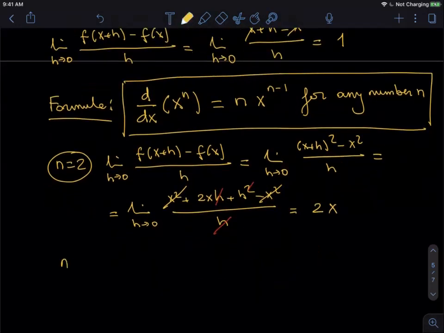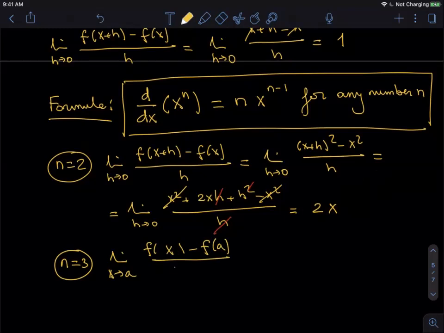Let's try also n equals 3. Let's write down the definition. Let me change in this case. Let's do the other one. It's going to make our life easier. Let's say x cubed minus a cubed divided by x minus a.